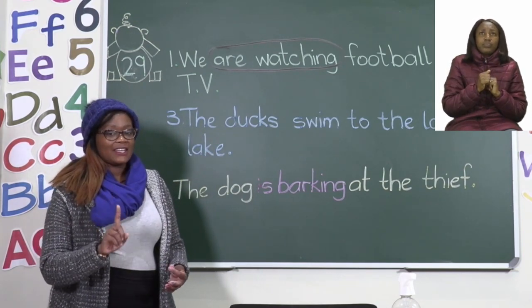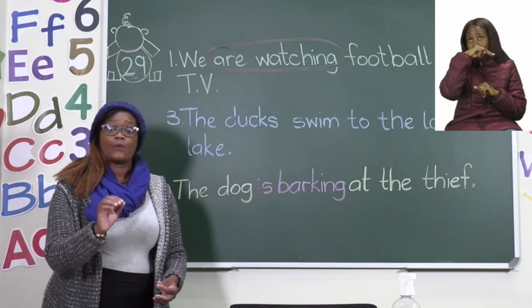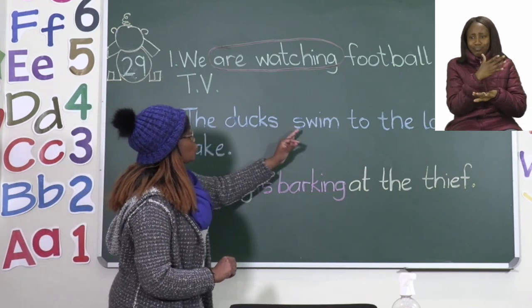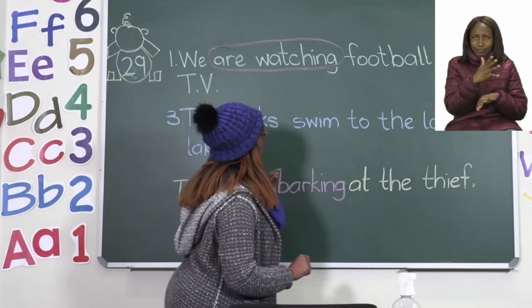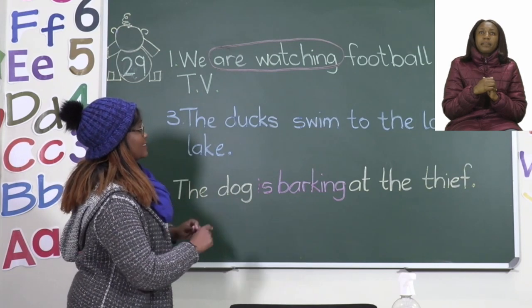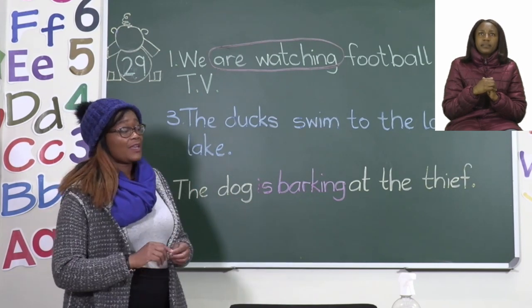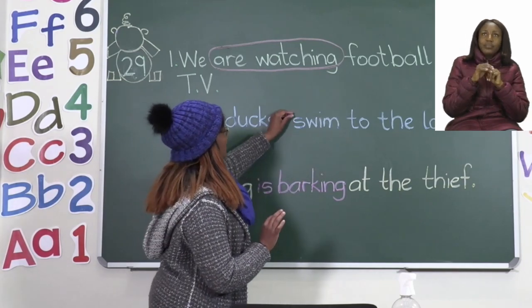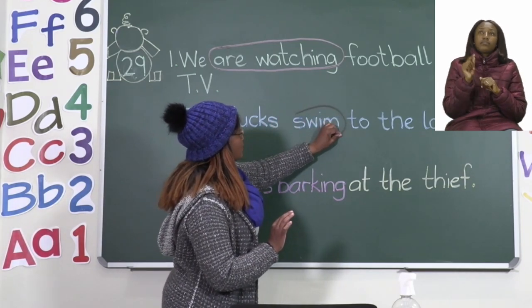So let us read it again so that we can find our verb or doing word. The ducks swim to the local lake. Now, if you take a look at the sentence, there is only one verb, and that verb is swim. So that is the one that we are going to circle.